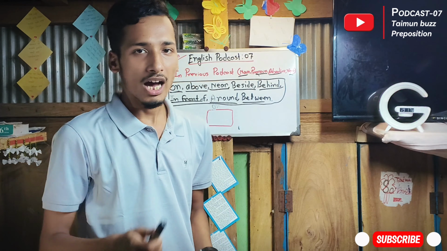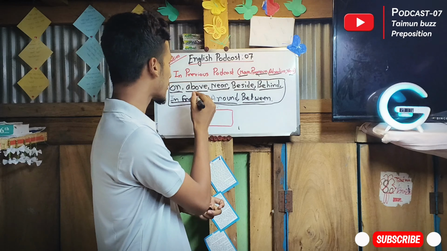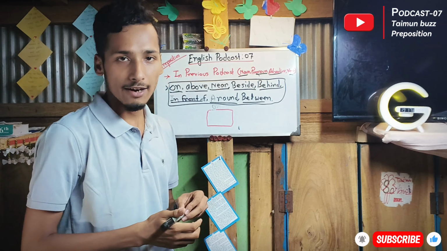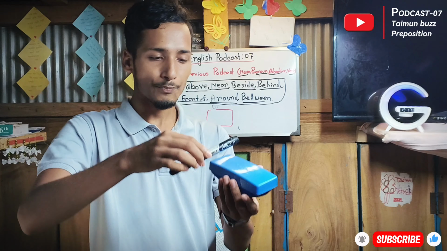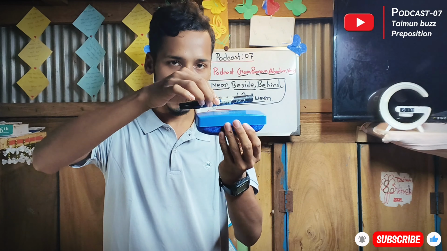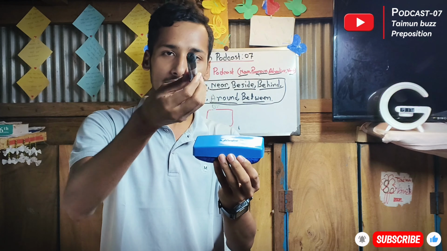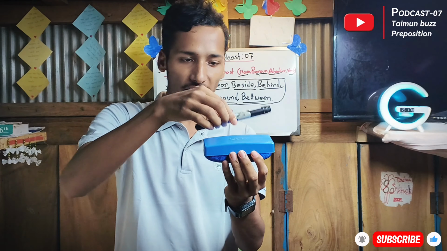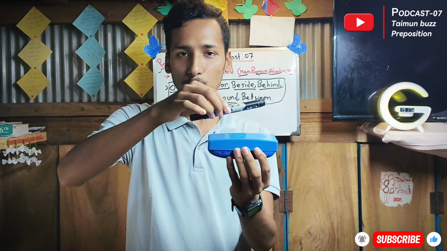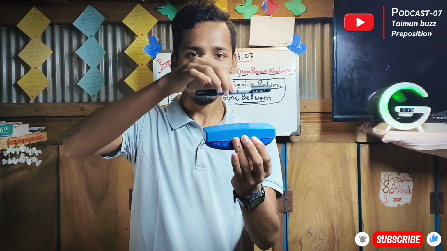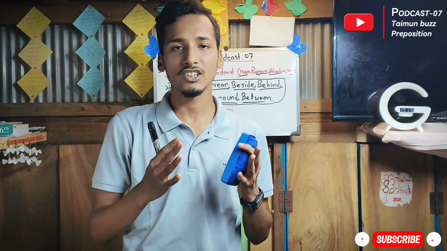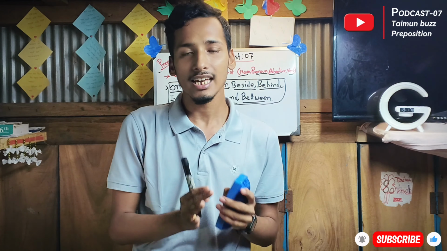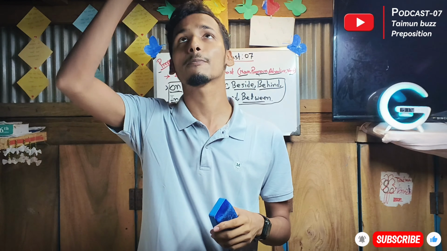Now our next preposition is above. Let's take this example again. When it is not touchable, when this pen is not touching this duster, I will use above. Suppose I say there is a light above my head.